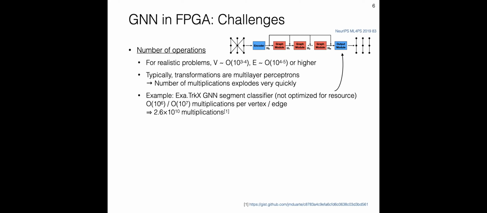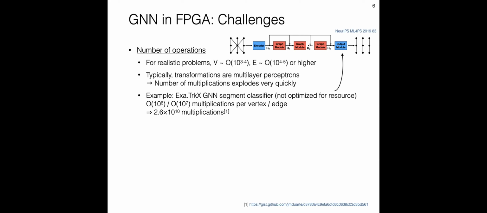So, for example, there's the ExaTrkX GNN segment classifier model in the paper at the top, which, to be fair, is not optimized for resource usage. But anyway, one calculation showed that there are order 10 to the 6th multiplications per vertex in this model, and order 10 to the 7th per edge.